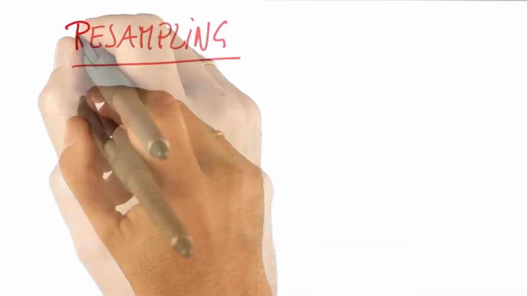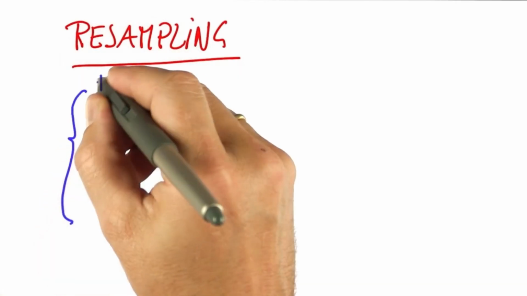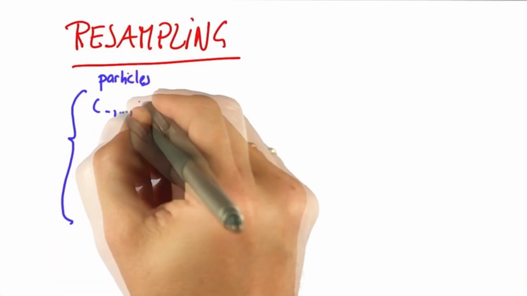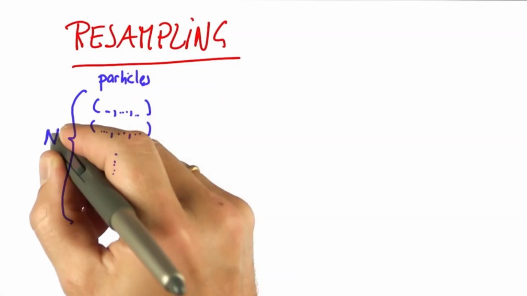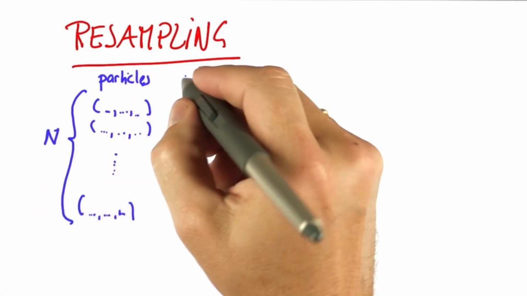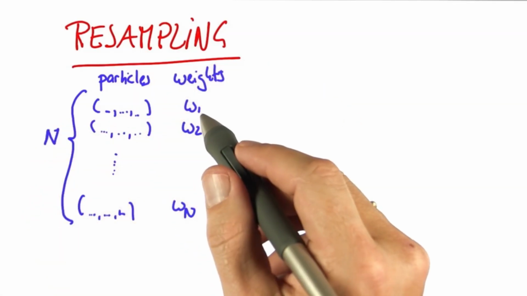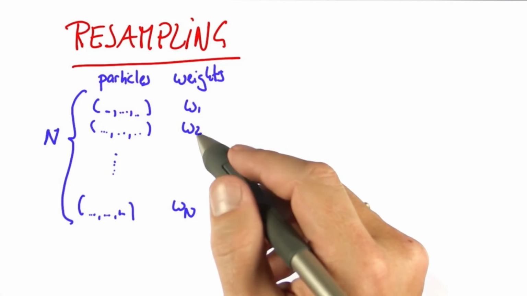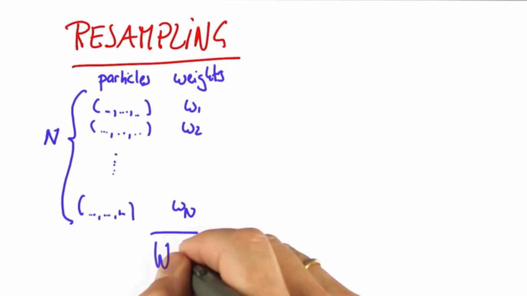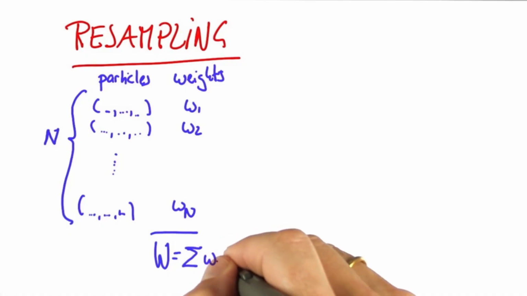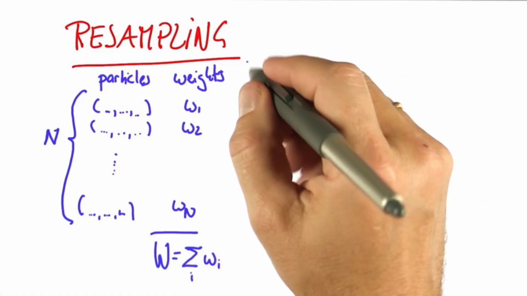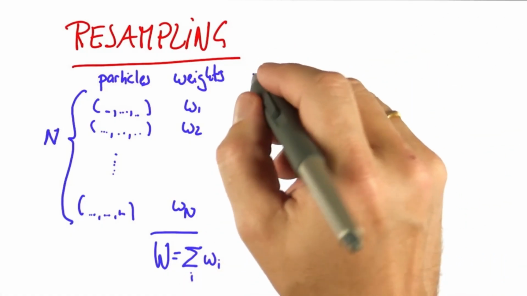But let me be precise what resampling actually means. We are given n particles, each of which has 3 values, and there's n of them. And they also now have weights. These are simple floats or continuous values. Let's call big W the sum of all these weights. And let's normalize them just for the consideration of what to do.